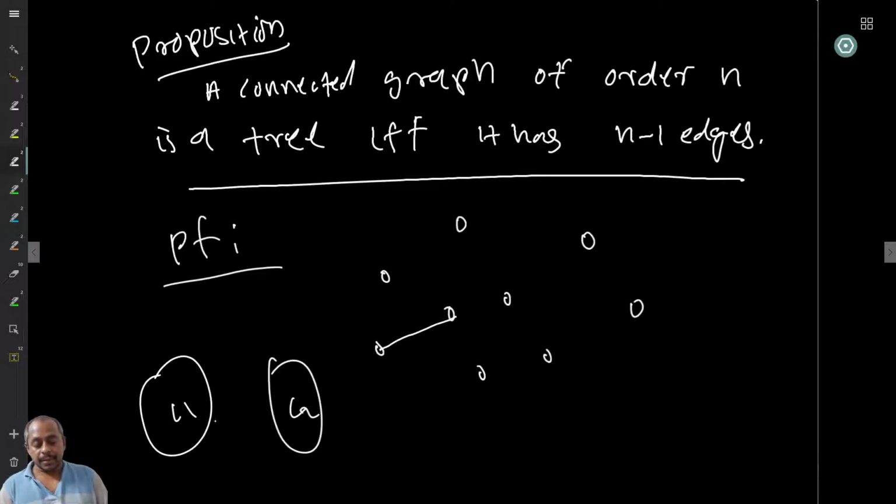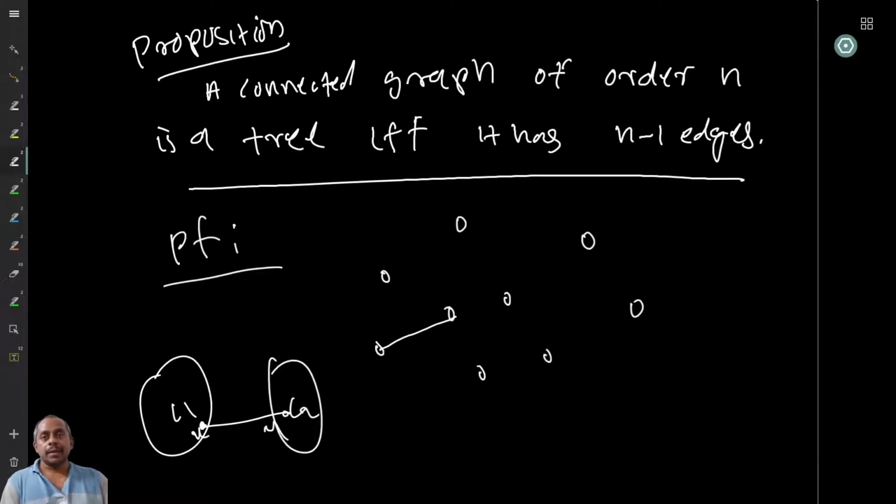If I take any vertex here and any vertex here, and then connect them with an edge, then what happens? This entire thing becomes a component, because in this component I can go from any vertex to any other vertex since there is a path, by definition. And similarly from this vertex, let's say this is x and y, from y to any other vertex in this component I can.